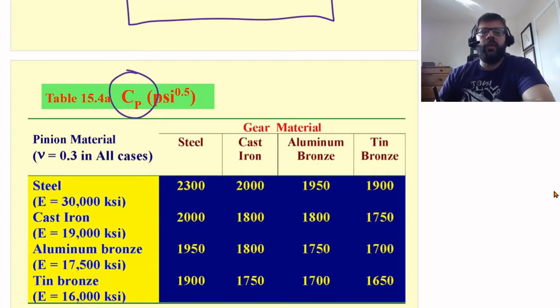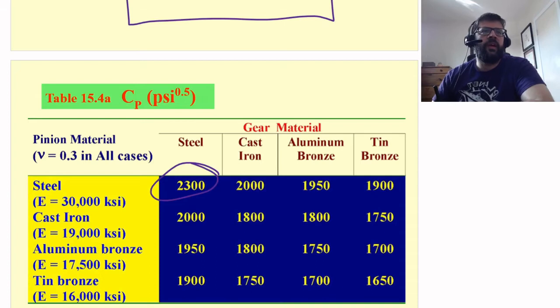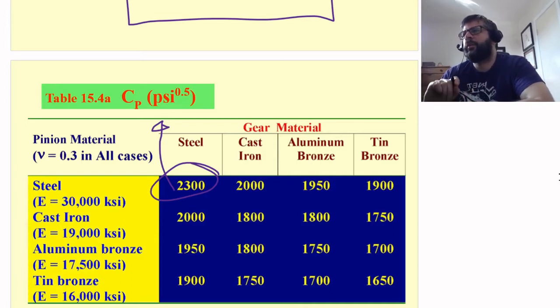So if we are looking for the CP of a gear combination where we've got steel on steel, then we're looking at 2,300, and the units there are the square root of pounds per square inch, or psi to the 0.5, taking a square root of our psi.